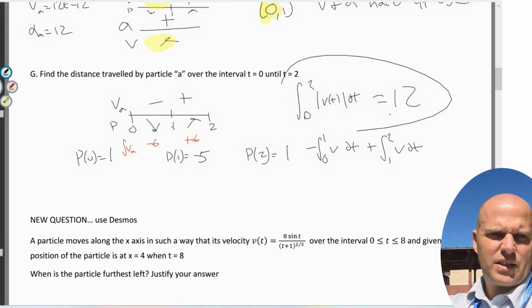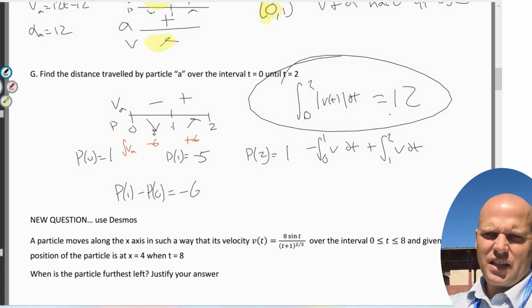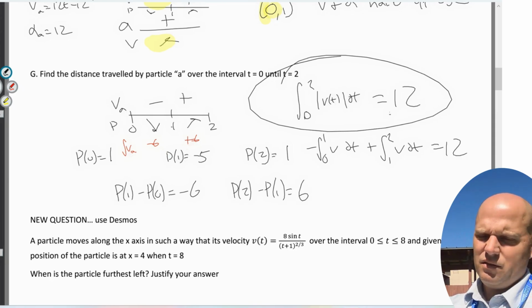Honestly, if you just have this down, and if you just show P of 1 minus P of 0 equals negative 6, if you have that work down and you show your displacements, you're great.